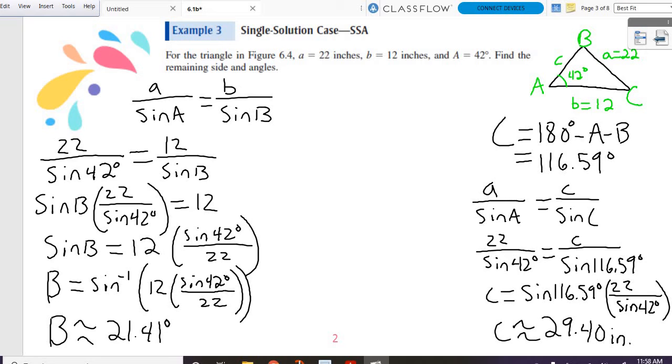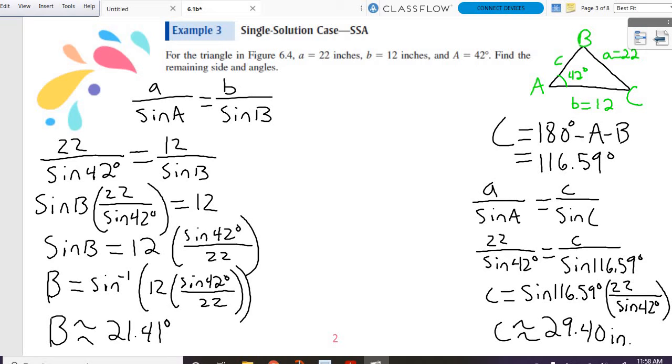Up until this point, this problem has been exactly the same as all of our other law of sines problems. Agreed? Okay. But what's different is they gave us two sides and an angle. So we have to check and see if there's a second solution. Are y'all with me?